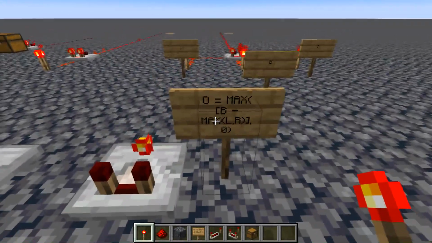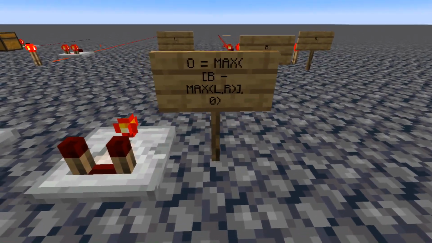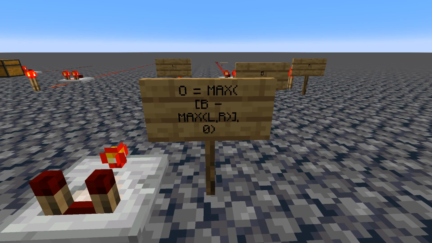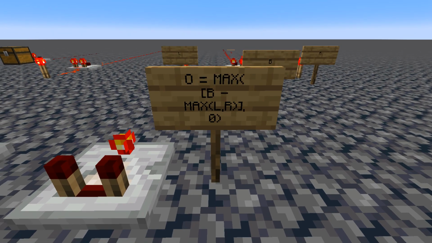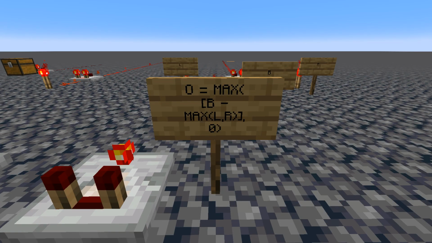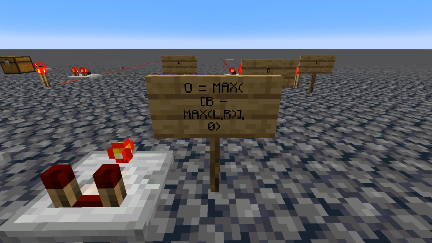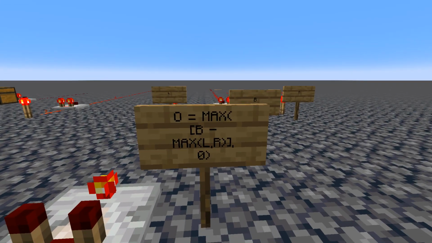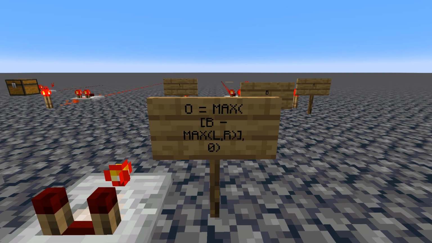Now, when this actually happens, this is the formula that the comparator uses. Now, the reason why it's called subtraction mode is because there is subtraction done in the formula, which I'm going to get to in just a moment here. Now, you may notice that there's this max function in the formula.